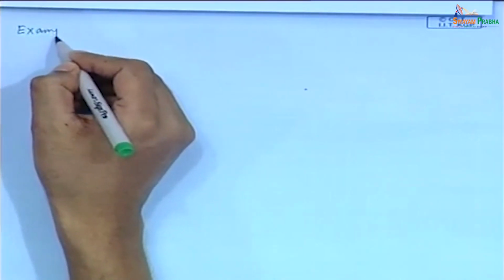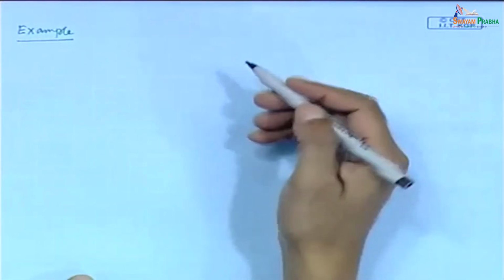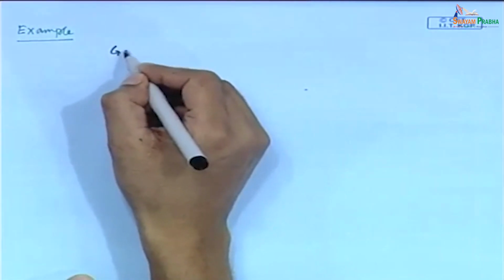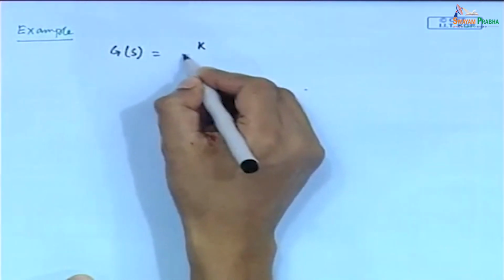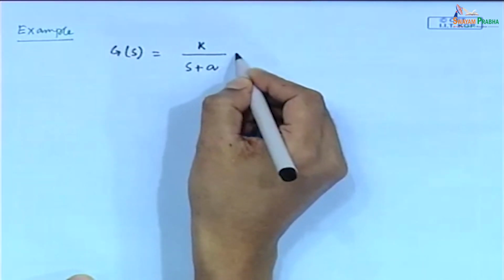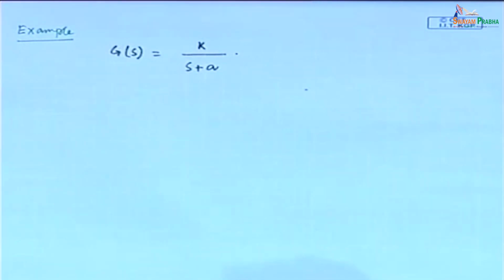Now, we will take one simple example, one simple transfer function which we have discussed earlier, that is G s equals k divided by s plus a, fine.